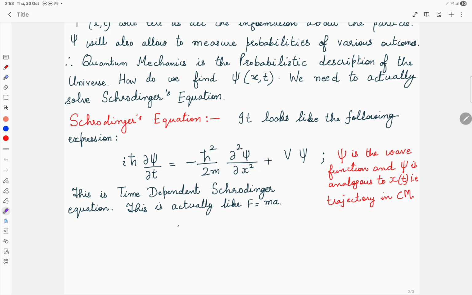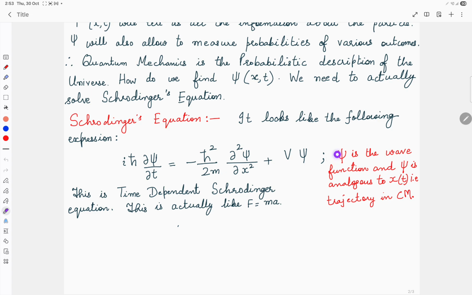This equation is the time dependent Schrodinger equation, and we can prove it. I will not prove it right now, but we can prove that this Schrodinger equation is actually F equals ma of Newton's world. Here psi is the wave function, and psi is analogous to x of t that we were trying to find in the classical world.